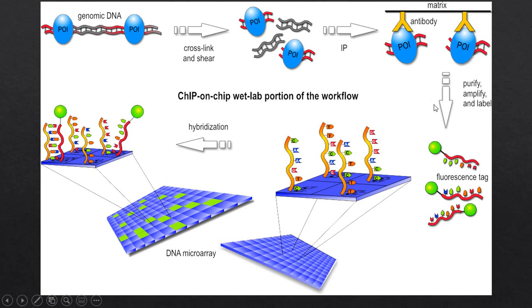In ChIP-chip, after this we bind them with a fluorescent tag and treat them with a microarray. In ChIP sequencing, we directly sequence these segments through high throughput sequencing.